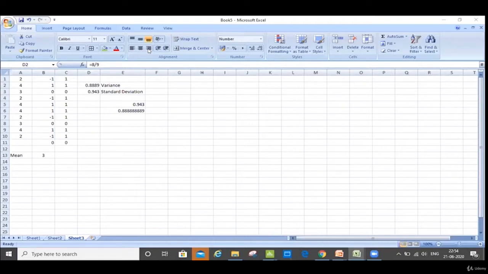So the problem with this is we cannot identify the variance, how it varies across the group, because the variance would always sum up to 0. So to overcome that, we squared the value of B, that will be our column C, so that all the negatives become plus.